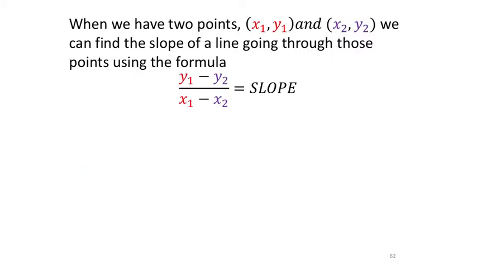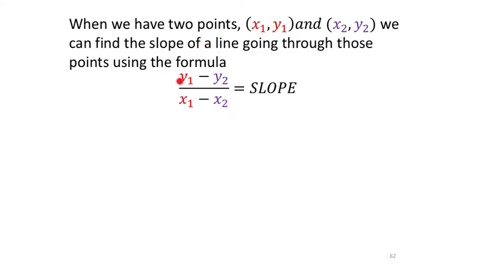Okay, sometimes they don't always give us a graph. They just give us the two ordered pairs. If they do give us the two ordered pairs, there are different ways to do this. I like the slope formula. There's a way I like better, but this is okay. So you can see they're going to give you an ordered pair. It doesn't matter. You can call it x1, y1, or x10, y10. It doesn't matter. They have to go together up and down.